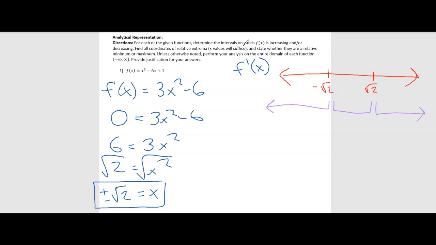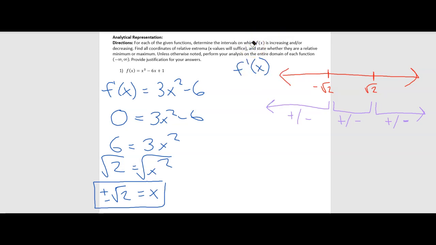So to figure out whether it's positive or negative on these intervals, we need to just test one value. I'll test a value 0 here. And let's be clear, 0 is not an actual zero. That's just the value I'm testing, because that is a value between negative root 2 and root 2.